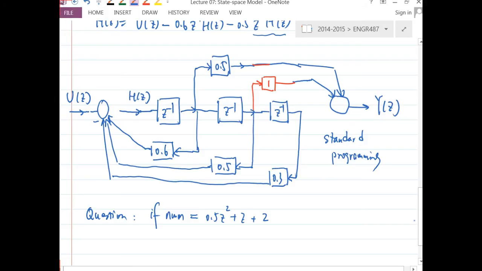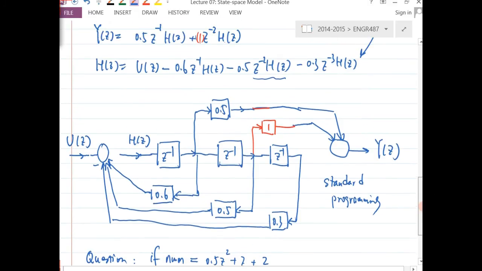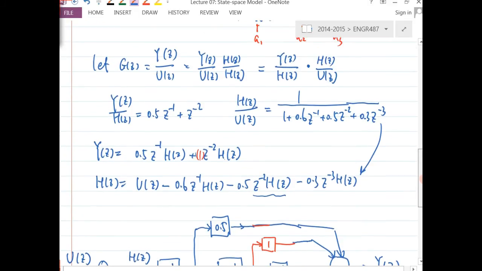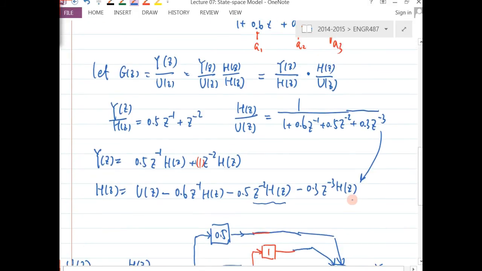So look at it. What would you add, basically? Where are you going to add? If there's a plus 2 here, what would change? Will the bottom change? Will this equation change? This is going to change for this guy here.